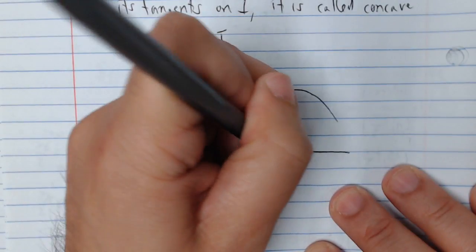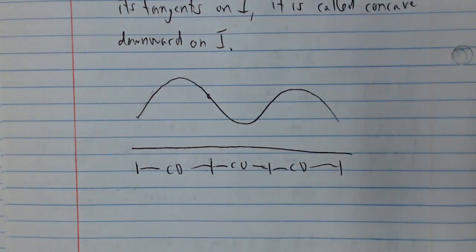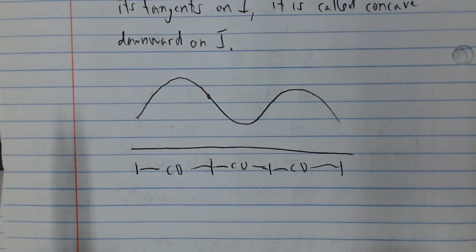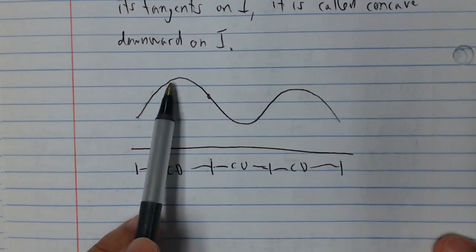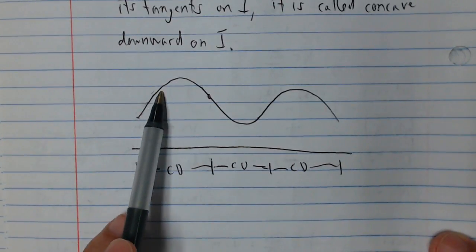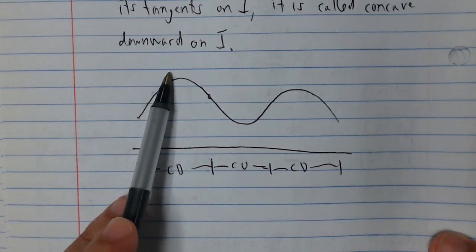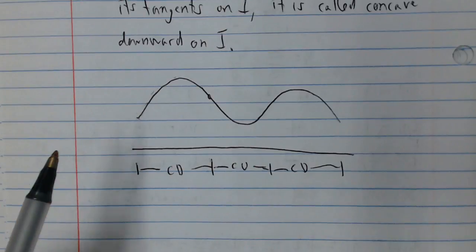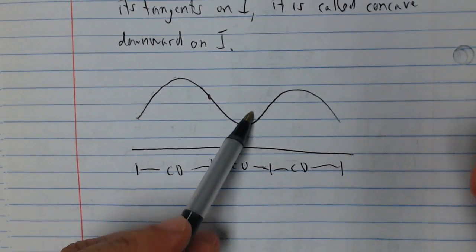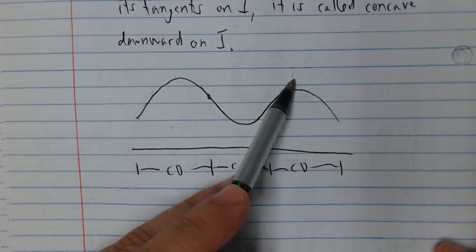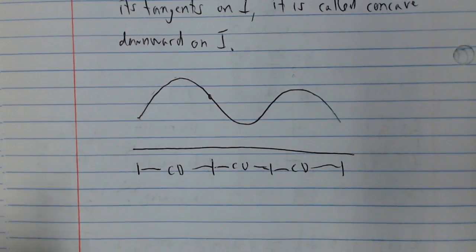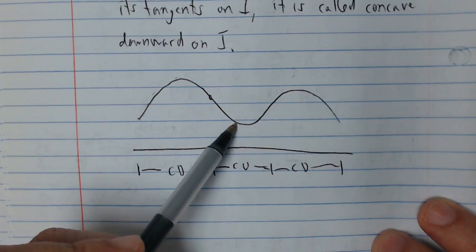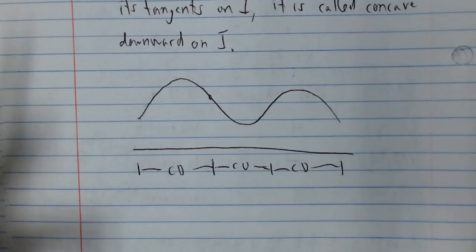And then here, it's concave down. The way I also think about it is, if you were to pour water in this, if the water slides off, that means it's concave down. If it holds the water, it's concave up. But by definition, the tangent lines in this case are below the curve. That's why it's concave up, and over here they are above the curve.